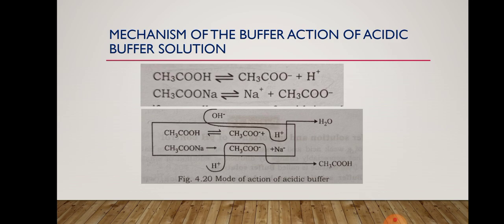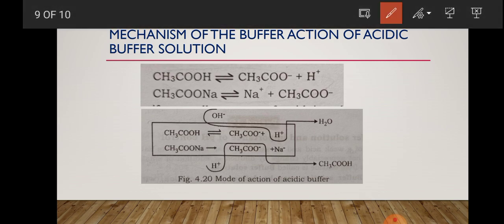Now, I would like to discuss mechanism of buffer action of acidic buffer solution. An example of acidic buffer solution is mixture of acetic acid and sodium acetate. Here, acetic acid is weak acid and it dissociated partially and produces acetate ion and hydrogen ion.